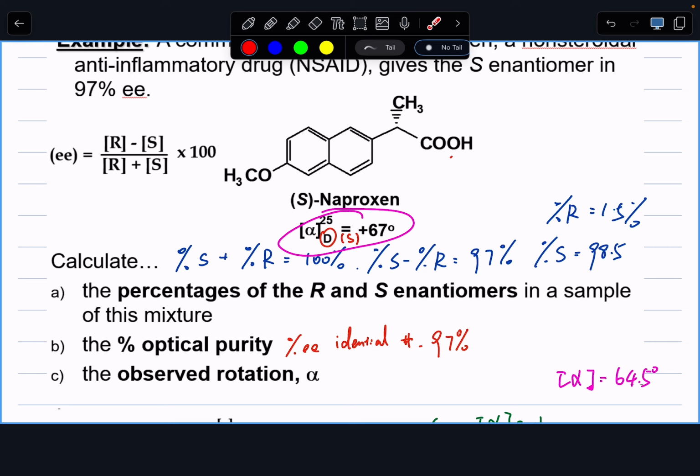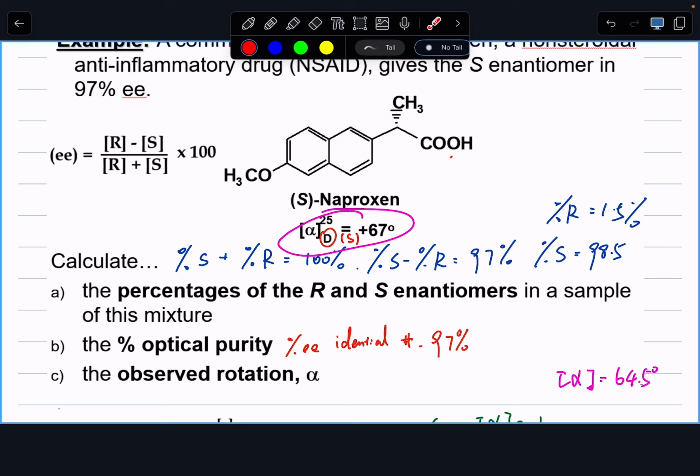All right. So in this question, what do we know? We know that my percentage EE is 97%. And we only have a pair of enantiomers, so my major plus minor must add up to be 100, or just 1.